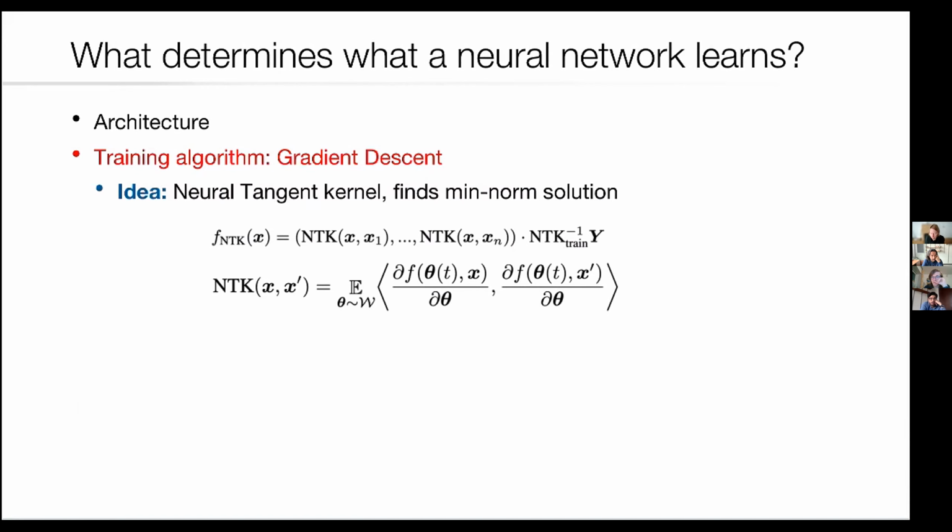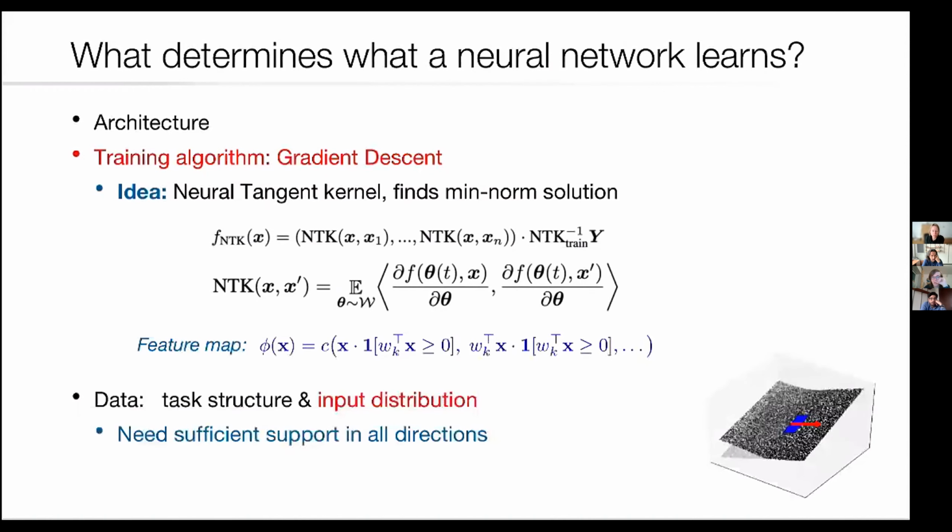Now, the other thing is that, okay, maybe we have to work with linear functions, but if we want to learn a linear function, we still have a ReLU network, which can potentially implement much more than a linear function. So to really learn the right linear function, we need enough information in the data, meaning enough support in all directions, to learn that we should be flat in all directions.